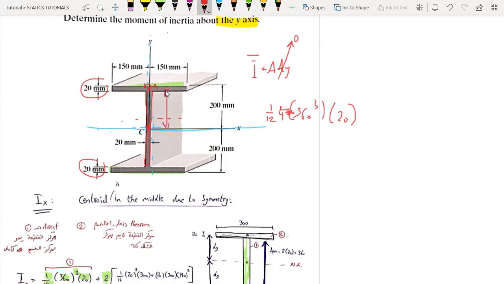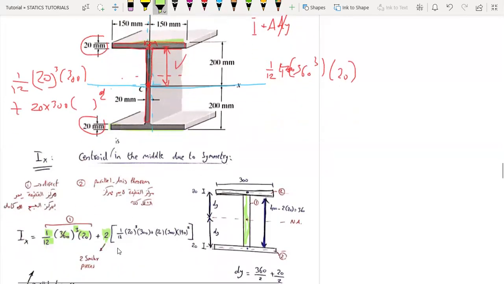Here I bar will be 1 over 12, 20 cubed, because the x-axis is intersecting it, multiplied by 300, plus the area, which is 20 multiplied by 300, and dy squared, which is this distance.